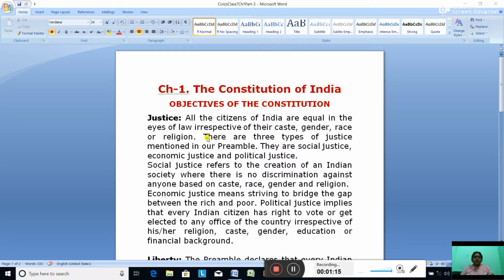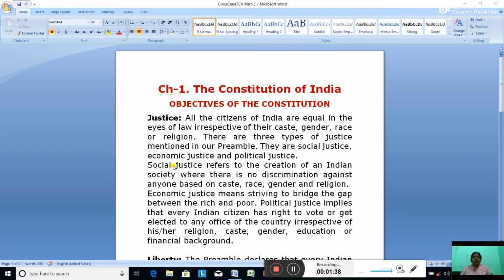Now the preamble mentions three types of justice. So how many types of justice does the preamble mention? It mentions three types of justice, and they are social justice, economic justice, and political justice.